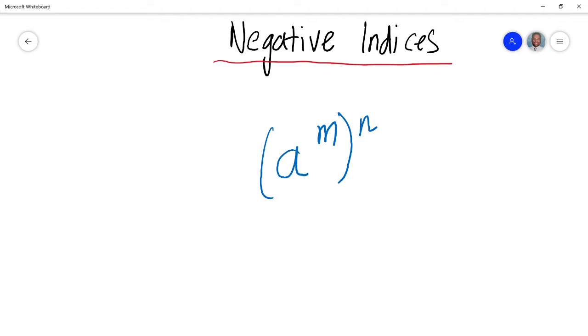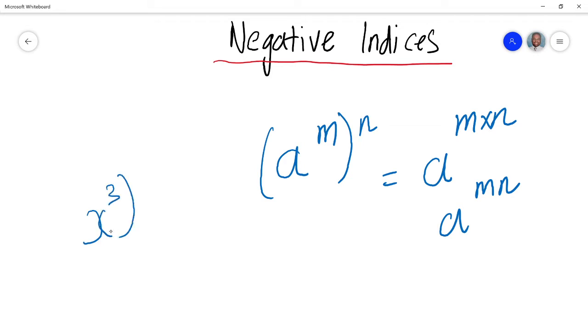If you recall, that's a to the power m times n, which is a to the power mn. A simple example, let's say x to the power 3, the whole thing to the power 5. That's the same as x to the power 3 times 5, which is x to the power 15. So that is the third index law. I tend to call it the bracket law or the bracket rule.